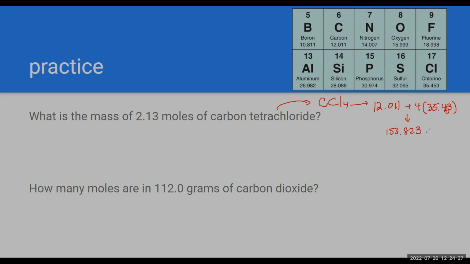So the weight of carbon tetrachloride is going to be 153.823 grams per mole. So now that we have that information, I'm going to use our given. So we're going to start off with 2.13 moles of CCl4.